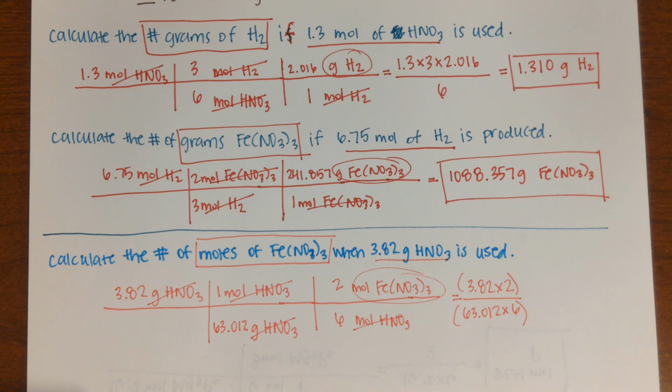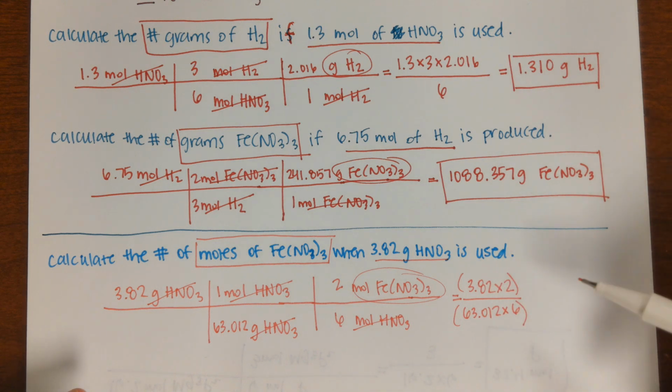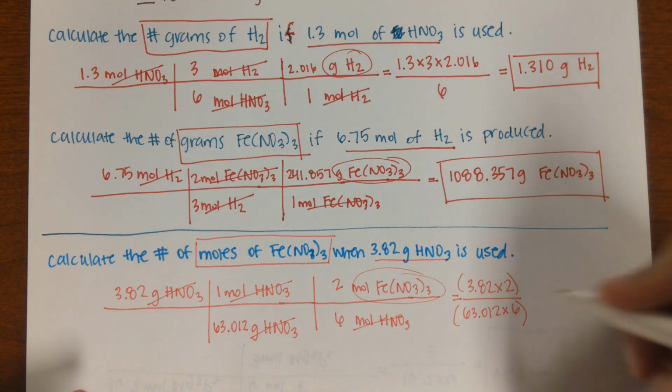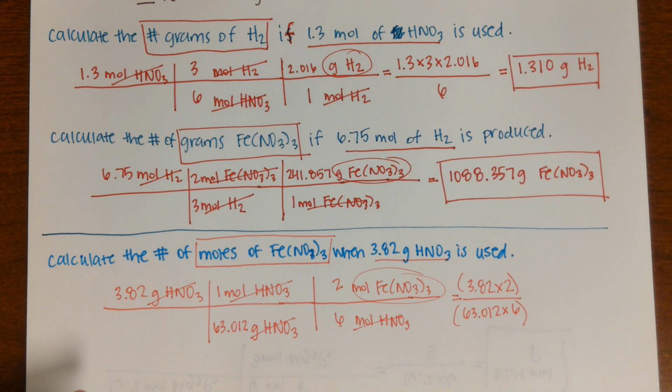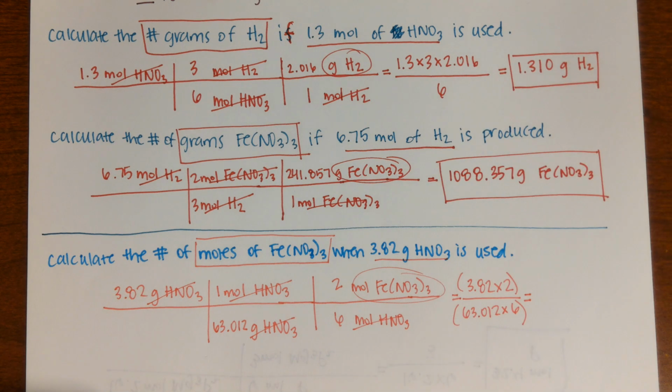In case your calculator doesn't know PEMDAS, I would add parentheses: parentheses 3.82 times 2, parentheses, divided by parentheses 63.012 times 6, parentheses. It's annoying, but if the parentheses annoy you, that's when you do the step-by-step calculations.